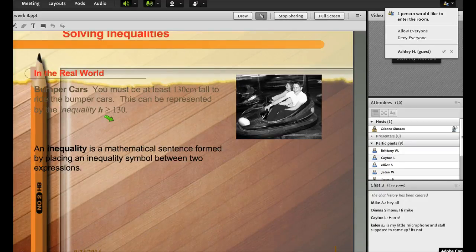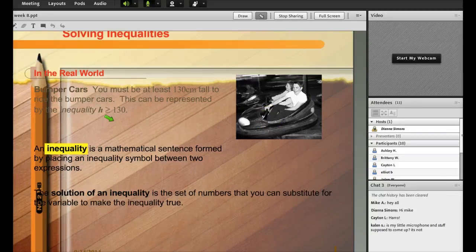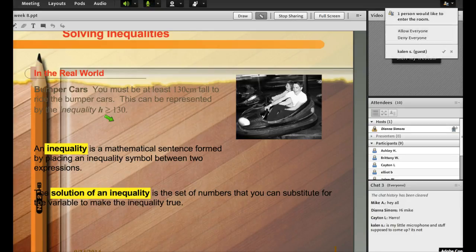All right, this is an inequality mathematical sentence. Isn't that fun? We're doing English and math. So the solution of an inequality is the set of numbers that you can substitute into that to make that sentence true.